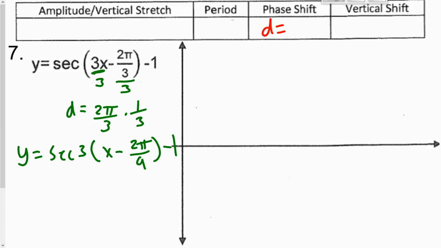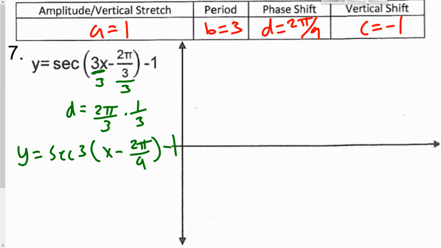Now it is positive, because that is a negative, so make sure I get this one right: 2 pi over 9. My c, my vertical shift, is a -1. My a, I don't have an a in front of this, so that's actually not 0, because then you would have just a straight line, but it is 1. And then my period deals with my b, and my b is 3.